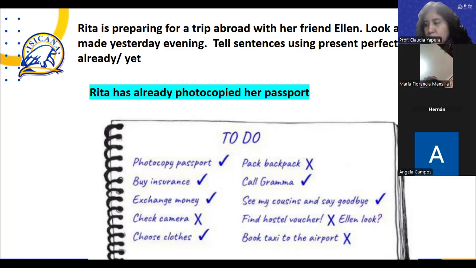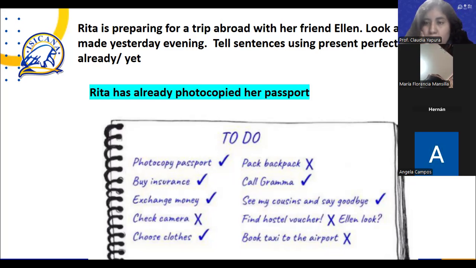I don't remember the third column of the past participle, but I will try. Mhm. Rita has already called her grandma. Grandma, very good. Okay. Yes. Maria Florencia, can you say the other?